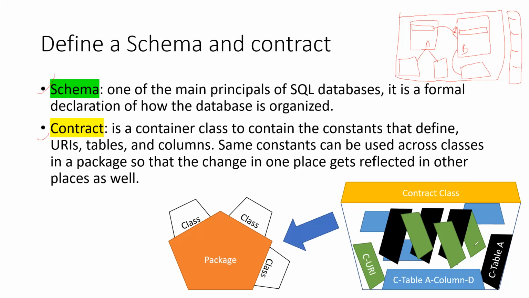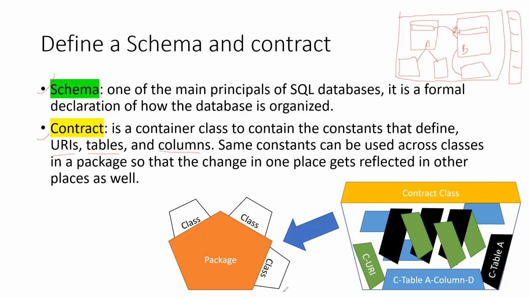So the container class is a collection of these constants that define URIs, tables and columns. The very purpose of defining a contract class is that if you have this kind of container class, then you can supply it to provide the same constants to the various classes in the package.